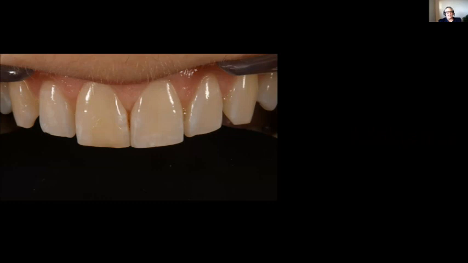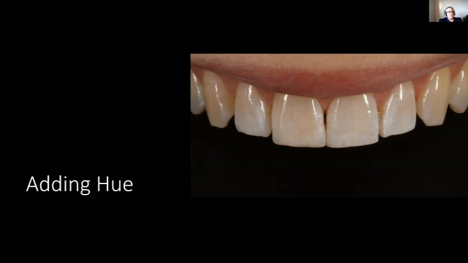But what about a case like this? Patient comes in and they have an existing, and I mean existing as in this is less than 2 weeks old, facial restoration on number 8, as you can see here. And the shade, for the most part, was not bad. I think the base shade was okay. I think the issue was that we had to add some hue.